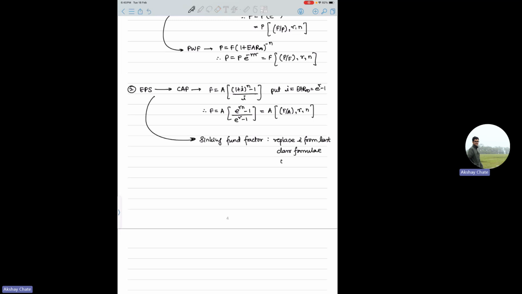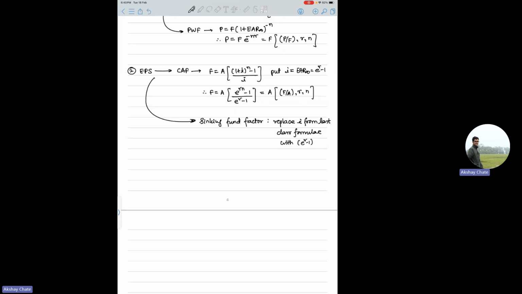with e to the power r minus 1. Okay. If you do that, you should get A equal to F into the inverse of this, e power nr minus 1 in the denominator.